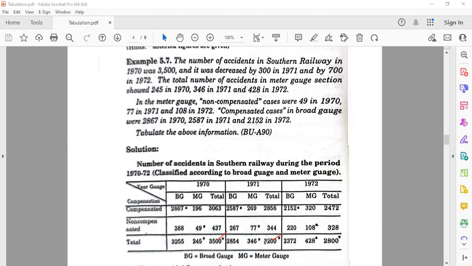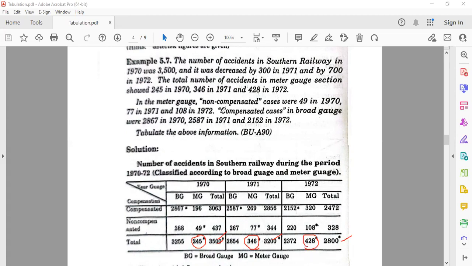So another 700 we have to subtract here. 3,500 minus 700 will be 2,800. So this is how you get these totals. And the total number of accidents in the meter gauge section, that data is given here. It is 245 in 1970. Then 346 in 1971. Then we have 428 in 1972. So these values are also given here.